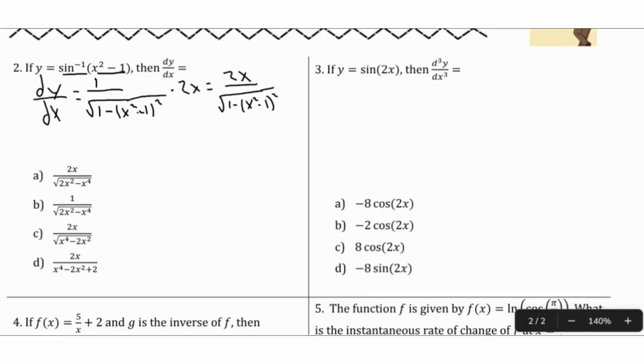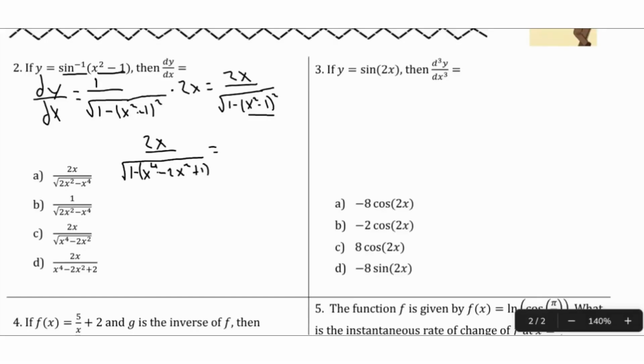Now this doesn't really look like any of our answer choices, and that's because we need to expand this (x squared minus 1) squared. So 2x divided by the square root of 1 minus x to the 4 minus 2x squared plus 1.